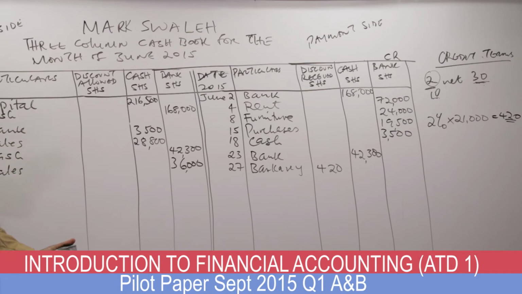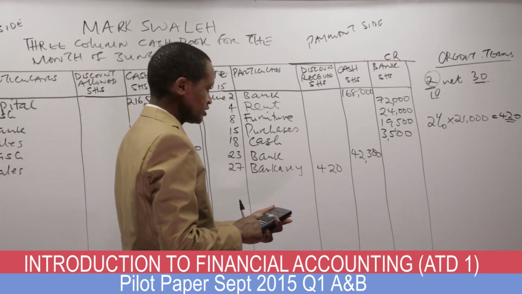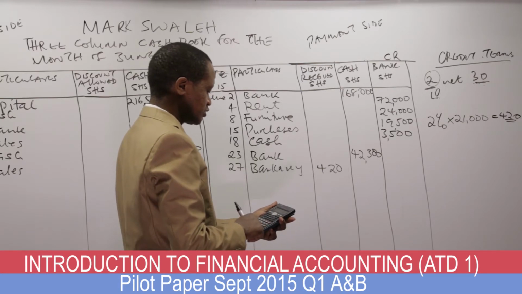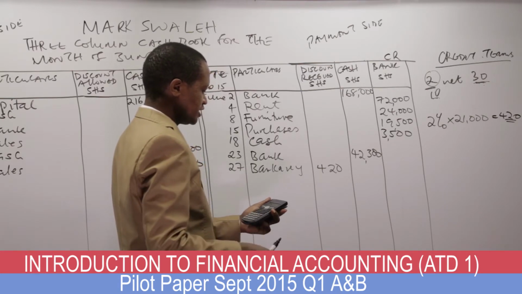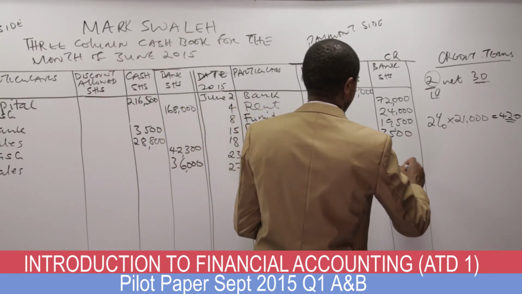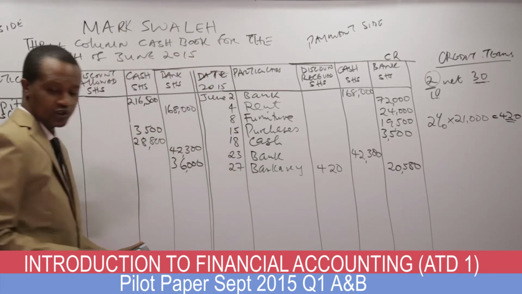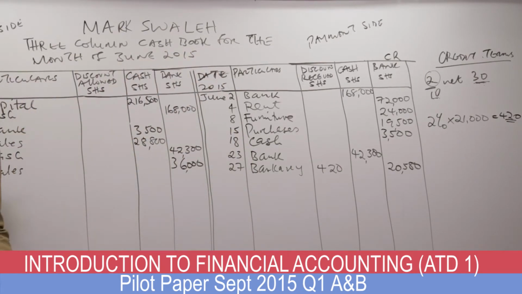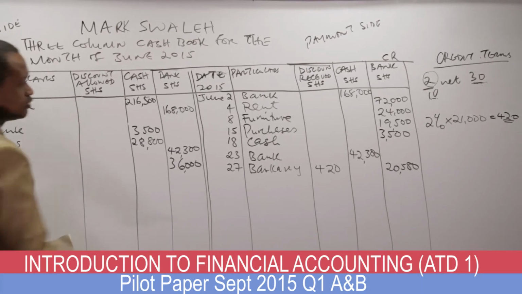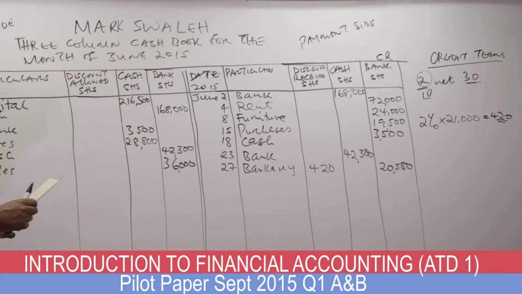He purchased on credit goods amounting to 21,000. So the difference will be the amount that he actually paid, which is 2,580. Okay, he was supposed to pay 21,000, but he was given a 2% discount of 420 shillings. When you deduct, you get the balance that was paid. And that is the transaction on 27th.